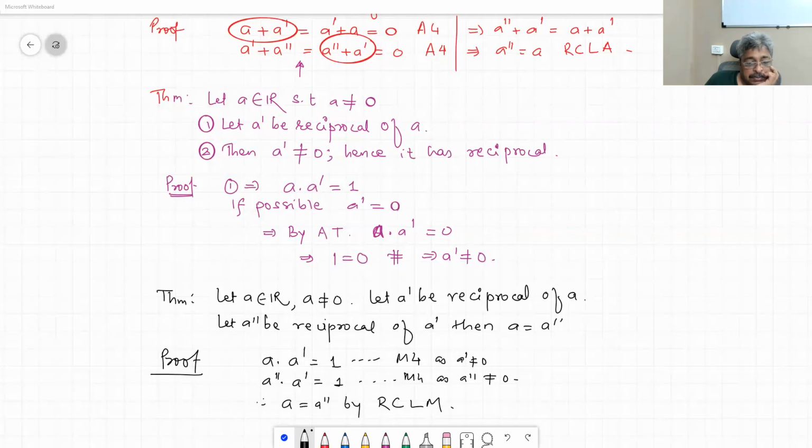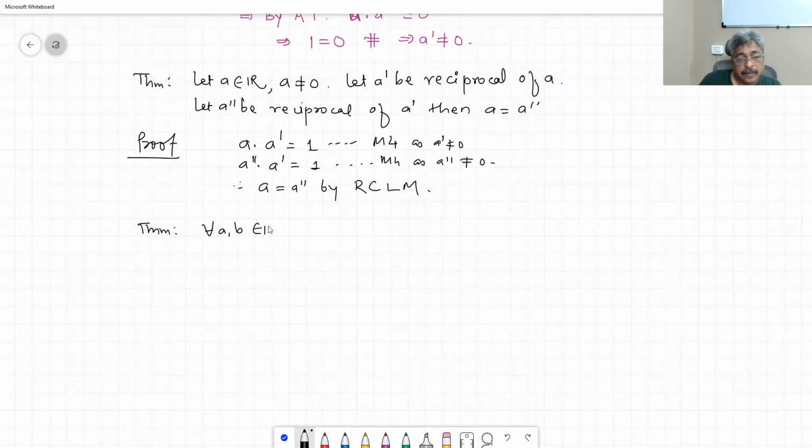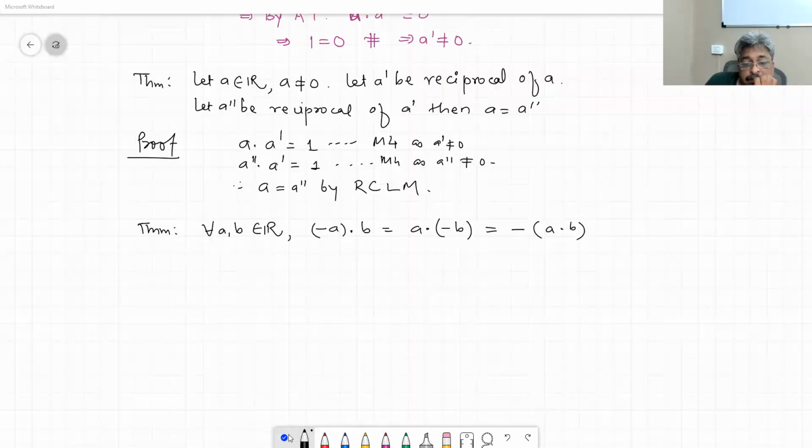Next we get: for every A comma B belonging to R, opposite of A into B is equal to A into opposite of B is equal to opposite of A into B. Okay.